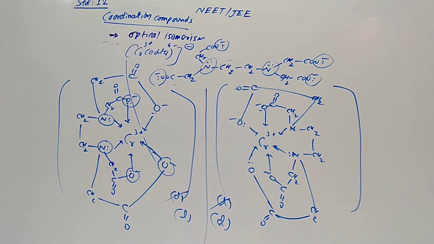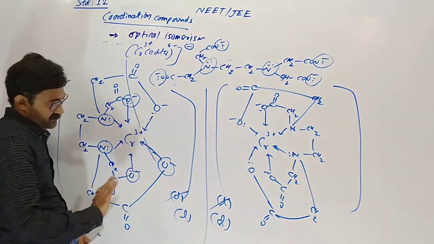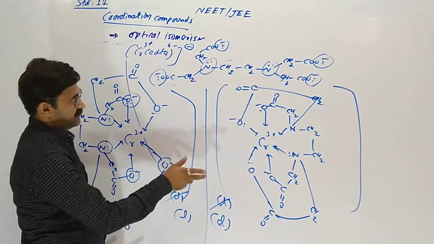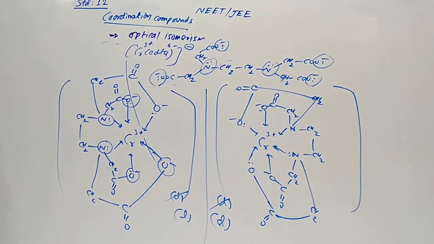We can only assume that if one of them is dextro, then the other should be levo. But which one is dextro and which one levo, we can't say. They are mirror images of each other, which is called enantiomers, or optical isomers D and L.